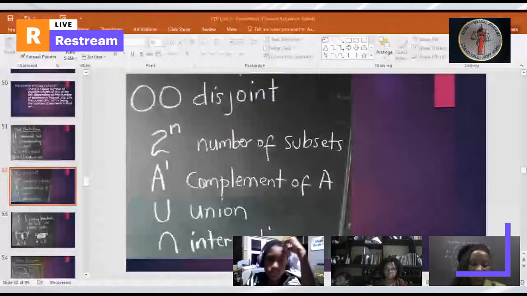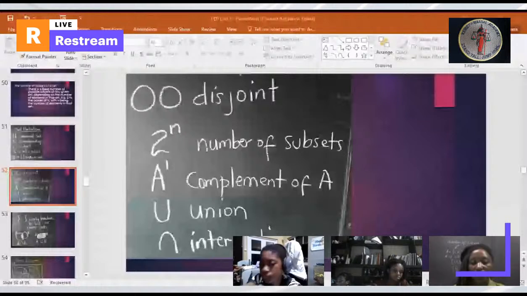We used as an example a set with 3 elements, and we worked out that a set with 3 elements will have 8 possible subsets, because 2 to the power of 3 gives 8.